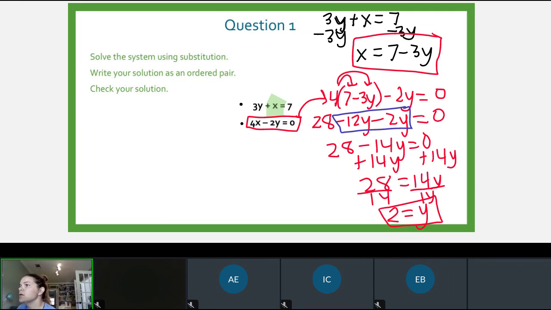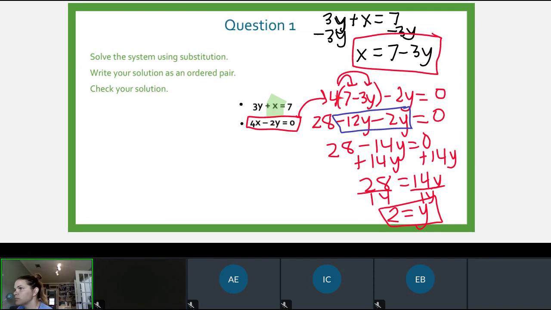Okay, Anna, no problem. So, do you understand how I got 28? Okay. So, I plugged in 7 minus 3y up here. I plugged that in for x. So, I came to this bottom equation here. Instead of putting in an x, I plugged in 7 minus 3y.